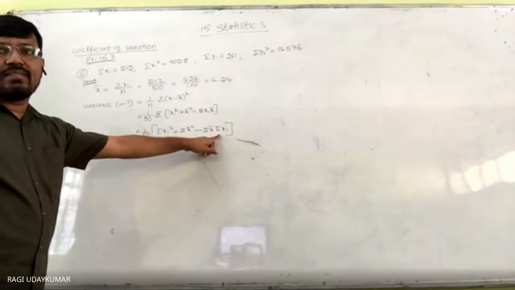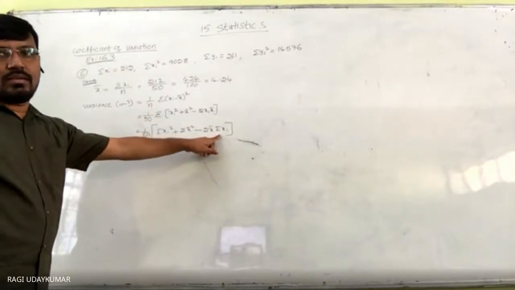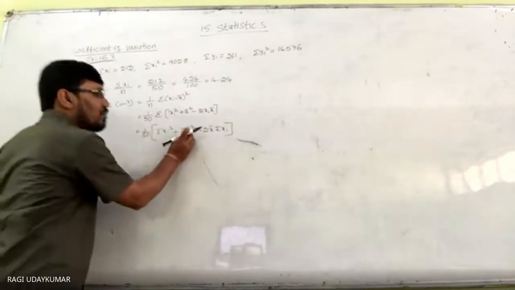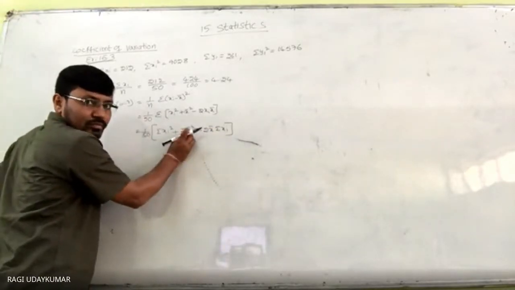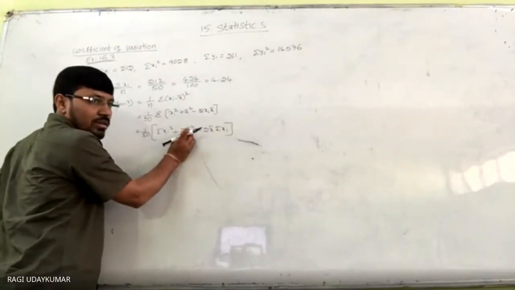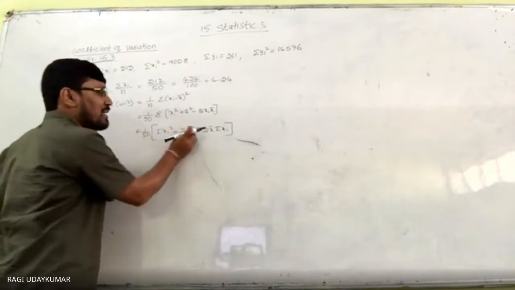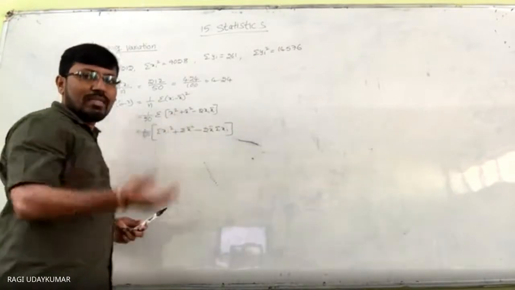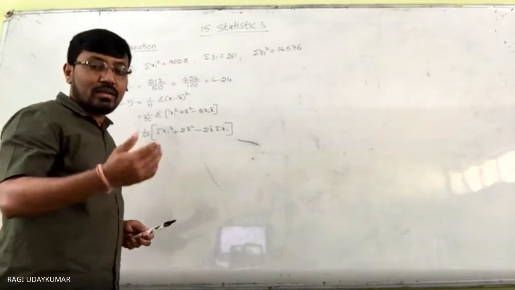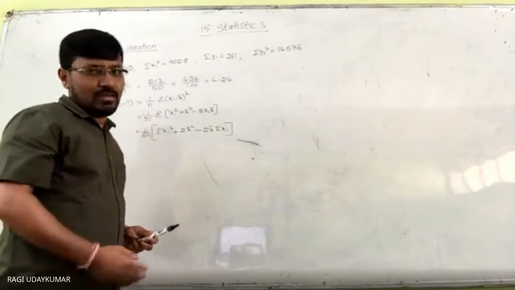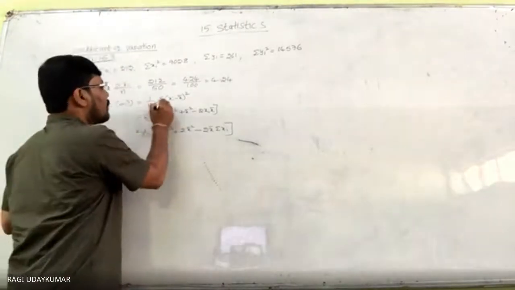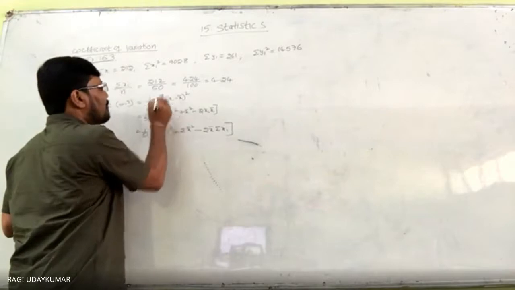What is the sigma xi value that you have to consider? And what about sigma x bar square? X bar is a constant, so x bar square is also constant. We are adding x bar square 50 times, since i goes from 1 to 50 for 50 observations.